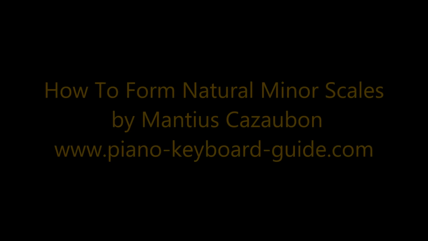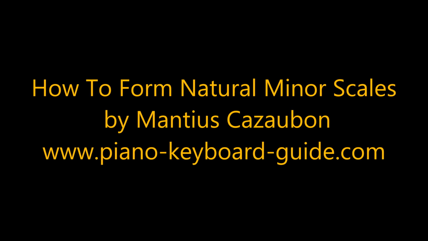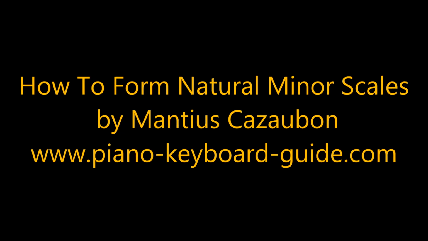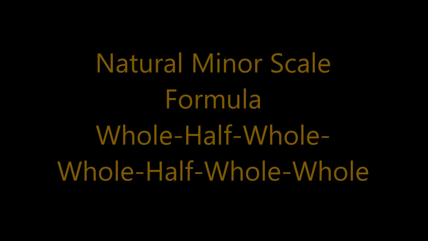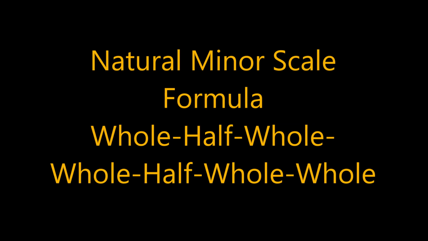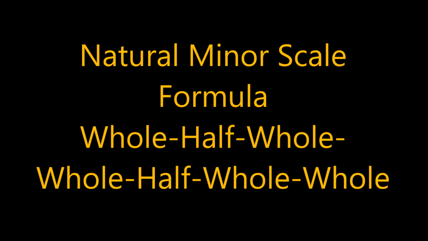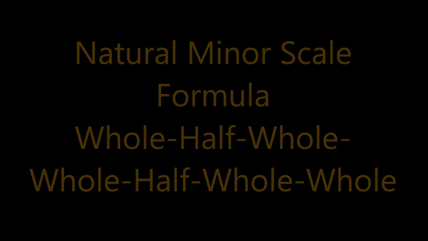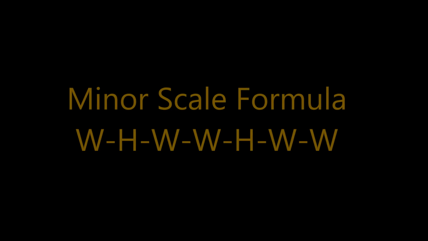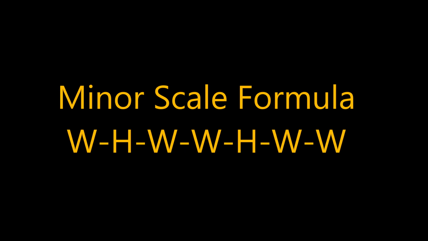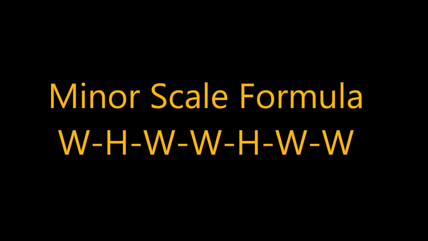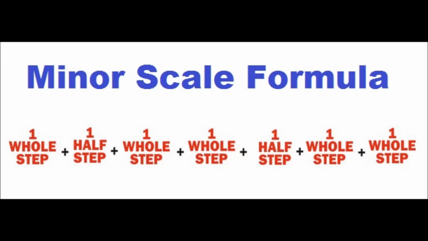In this lesson, we will learn how to form natural minor scales on piano. Minor scales follow a simple formula. That formula is whole, half, whole, whole, half, whole, whole, or W, H, W, W, H, W, W. Whole stands for a whole step and half stands for a half step.